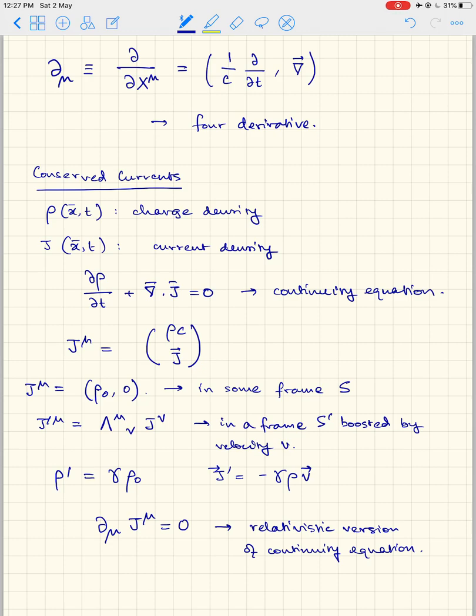Remember that if you had x mu downstairs and x mu upstairs, this was something which was invariant. Similarly, anything which has an a mu downstairs with a b mu upstairs is a Lorentz invariant.